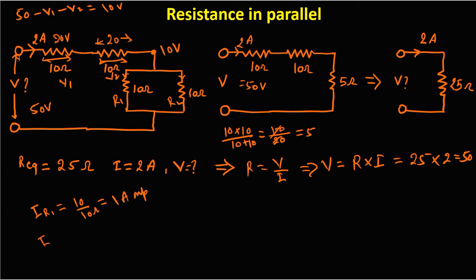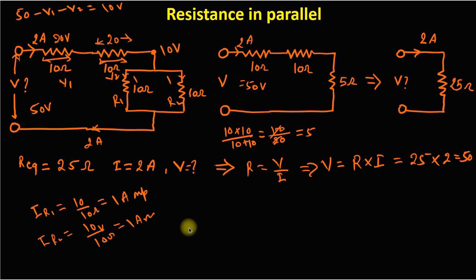The same will be in R2: the voltage across R2 divided by the resistance in ohm will be 1 ampere. So here will be 1 ampere and here 1 ampere, and the combination of both currents will be 2 ampere. So 2 ampere exits from the circuit and 2 ampere is entering the circuit.